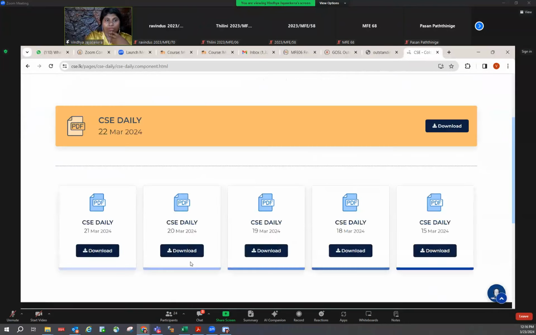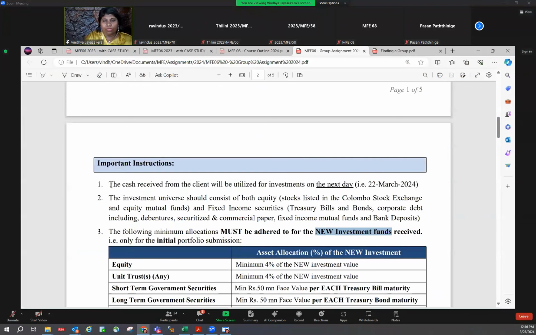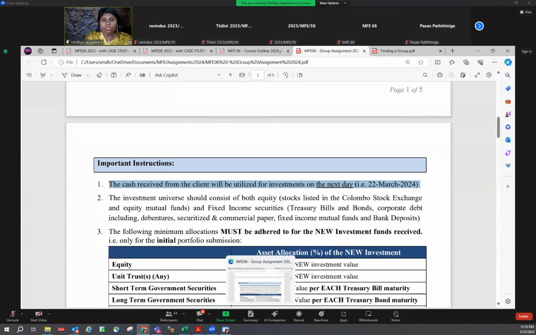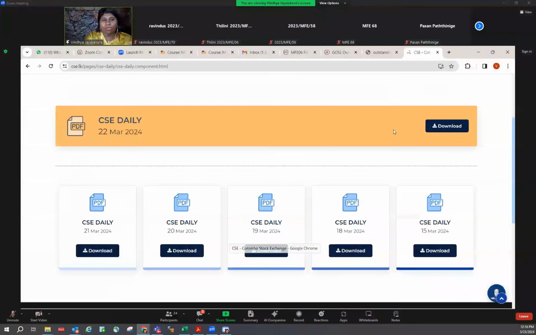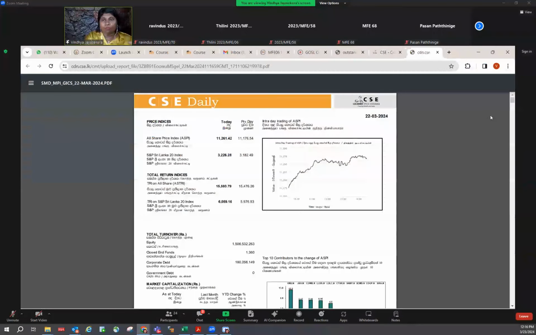So last Friday, you download it as at Friday, 22nd, because the money will be invested from the 22nd. It says here, cash received by the client, that 600 million, will be utilized for investments on the 22nd of March. So the 22nd March closing prices is where you can invest. You go to the CSE daily and you can find all the share prices on the 22nd of March, right?